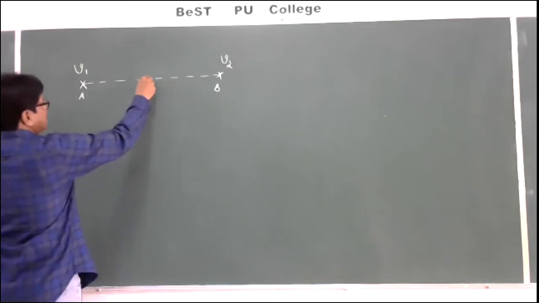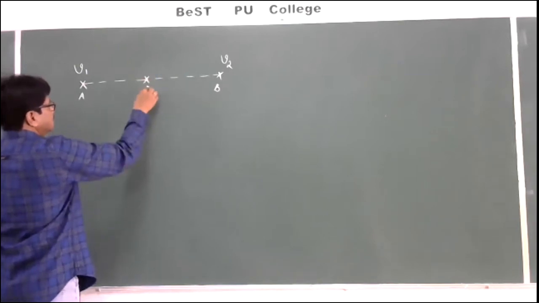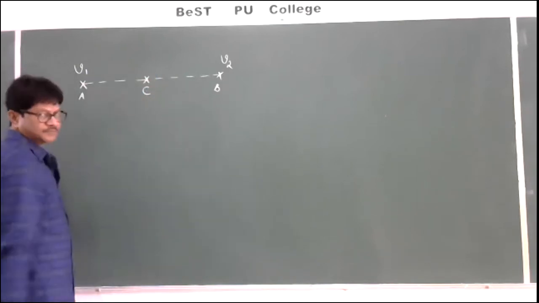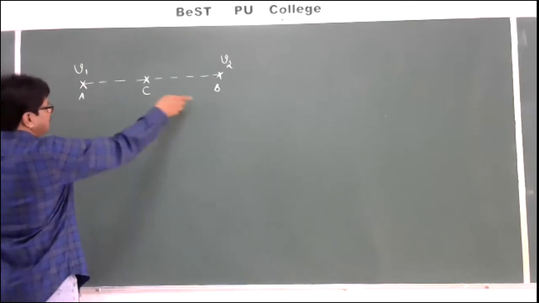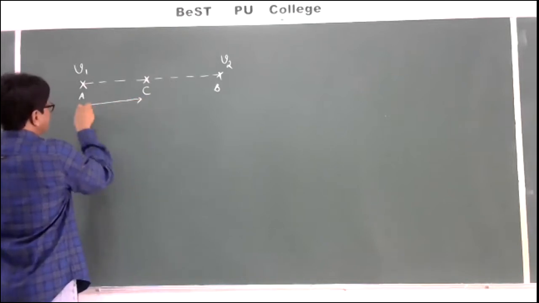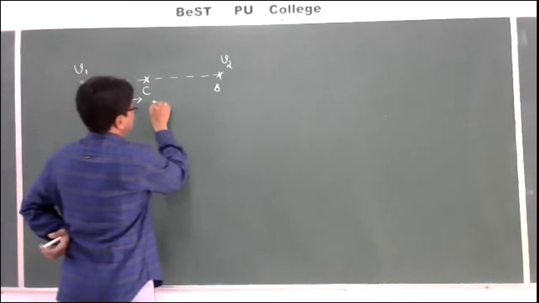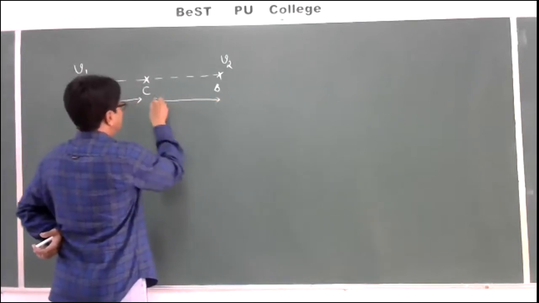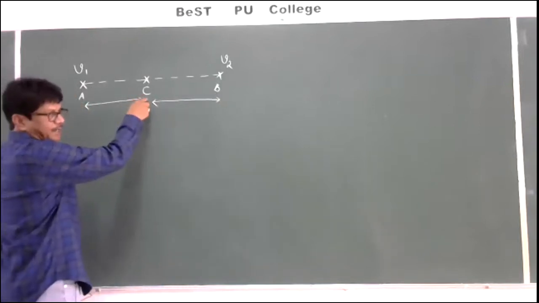Since C is the midpoint of A and B, the distance between A and C and the distance between C and B are the same.